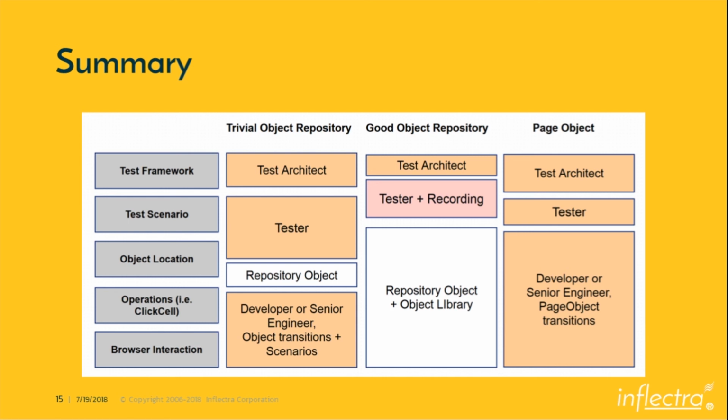Moreover, this rows rectangle, like tester plus recording, is something that may require an employee with less skills. And of course, you still have to have a test architect who will properly organize it all in a test framework, and it's needed in all three approaches. Otherwise, the difference is what you see here on the screen.